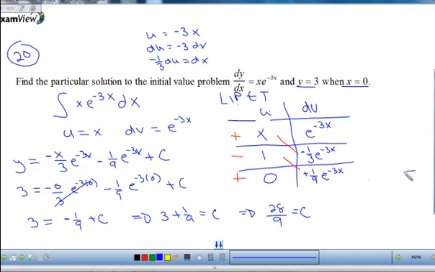Okay, so my solution is going to be y is equal to negative x over 3 e to the negative 3x minus 1/9 e to the negative 3x plus 28 over 9.